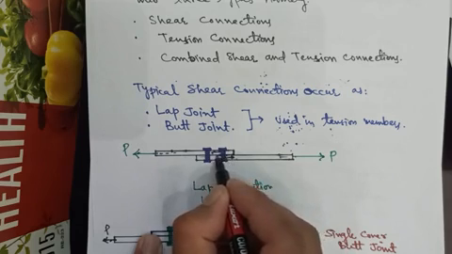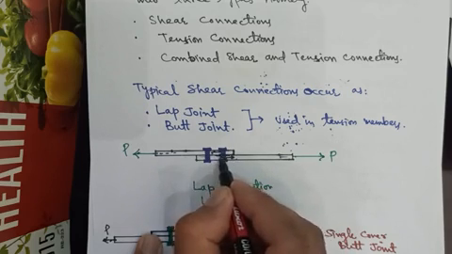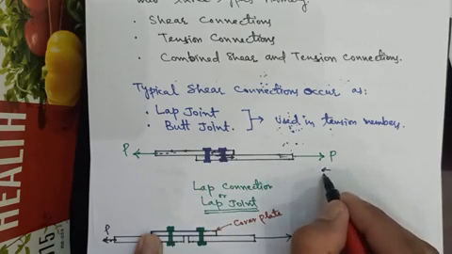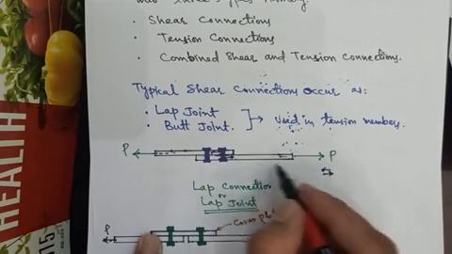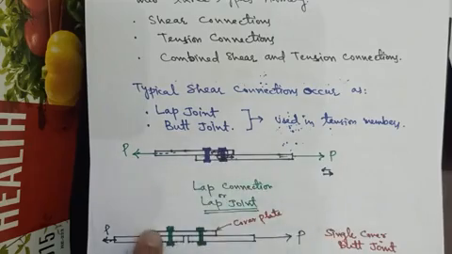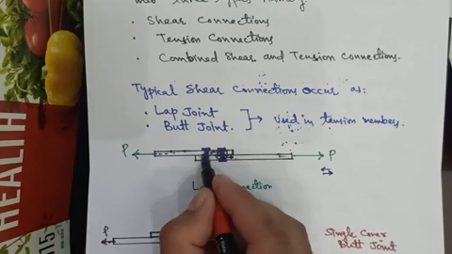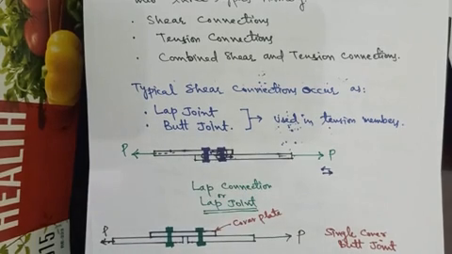So at this section of the bolt, that is the plane of shear, there will be two forces in this direction and in this direction. So there will be shear developed at this location. Similarly, there will be shear at this location. So these are called shear connectors as well.